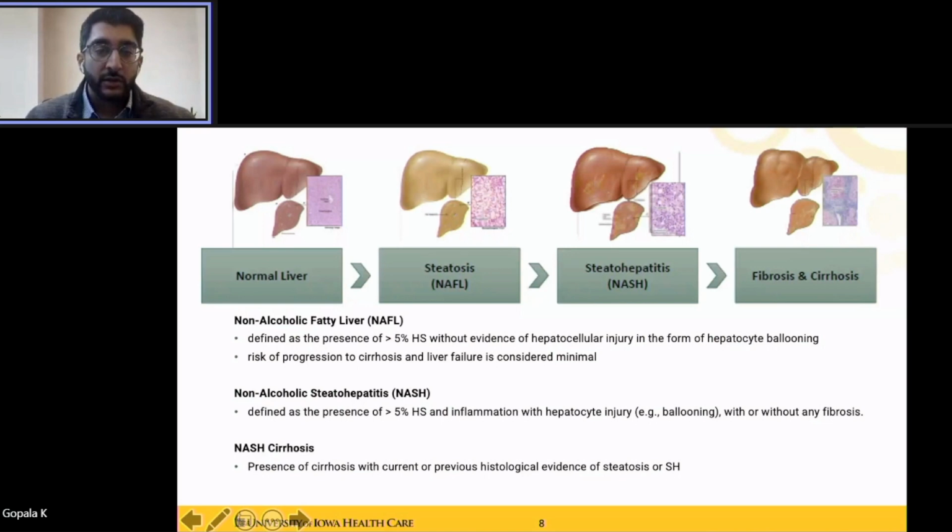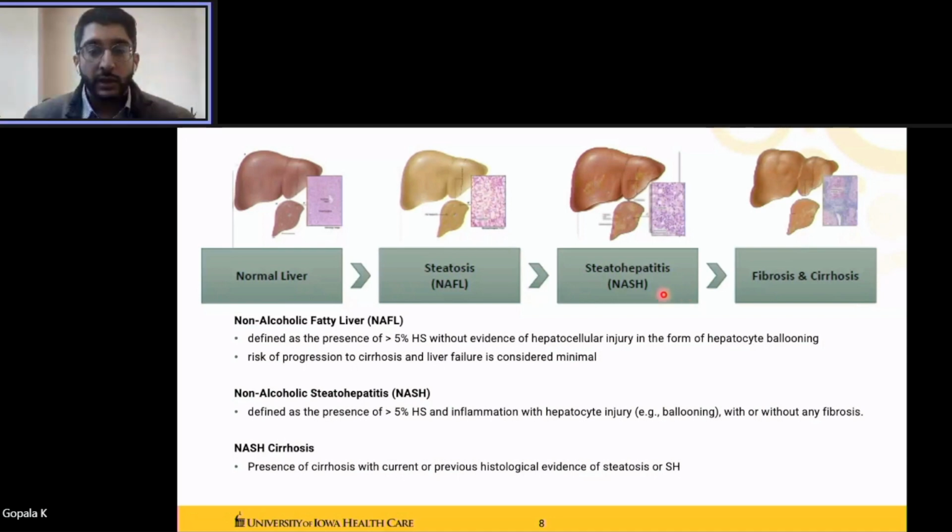Then the next one would be NASH, or non-alcoholic steatohepatitis, which basically means there's fat and inflammation. It's defined as greater than 5% of hepatic steatosis and hepatocellular injury with hepatocyte ballooning and inflammation. There might be some fibrosis as well.